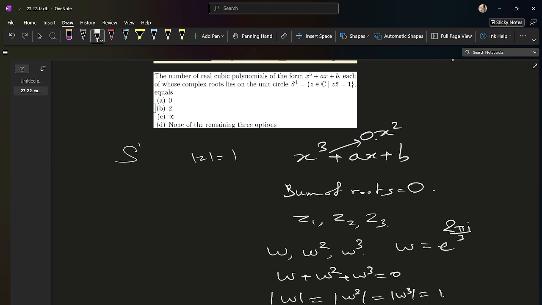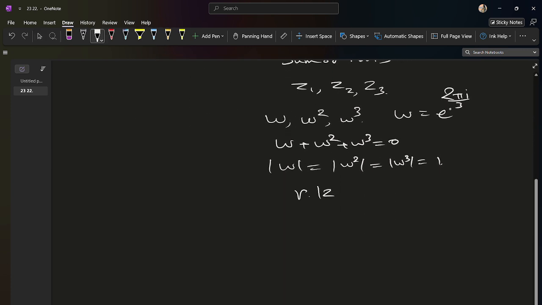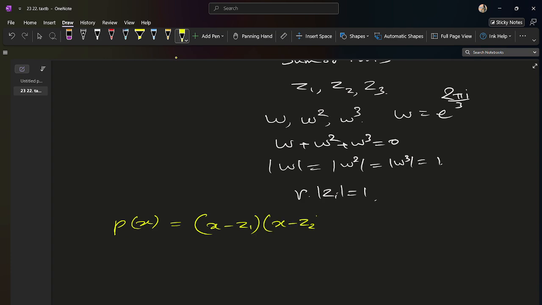Alternatively, the roots may be rotated versions of omega, omega square and omega cube, obtained by multiplying them by a number r such that the modulus of each zi is equal to 1. So now we are going to find the polynomial. The polynomial whose roots are z1, z2, z3 can be written as p of x equals x minus z1 into x minus z2 into x minus z3.